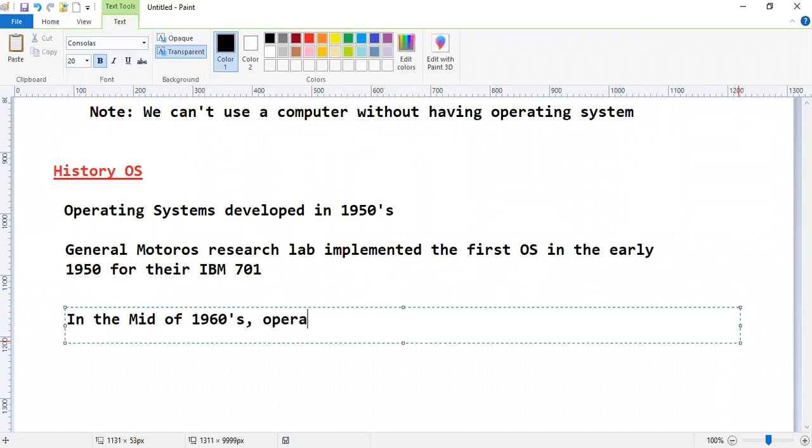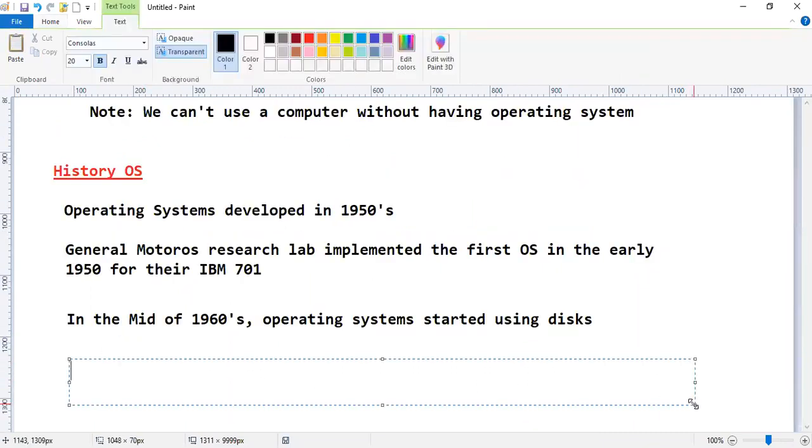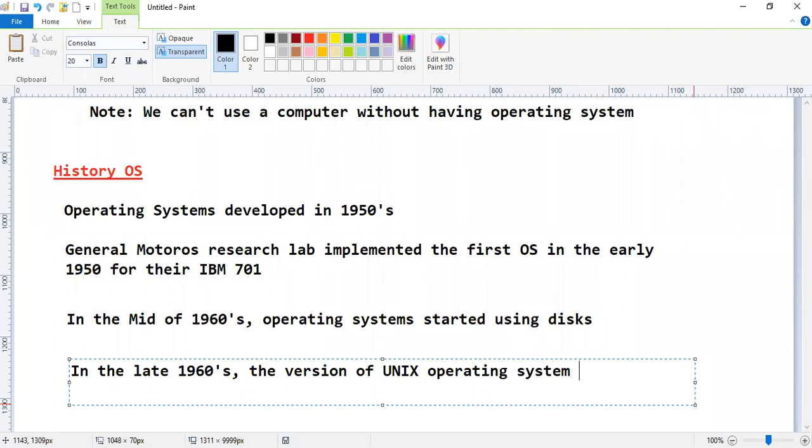Okay, now in the mid 1960s, operating systems started using disks to store the data. In the late 1960s, the first version of the Unix operating system was developed.